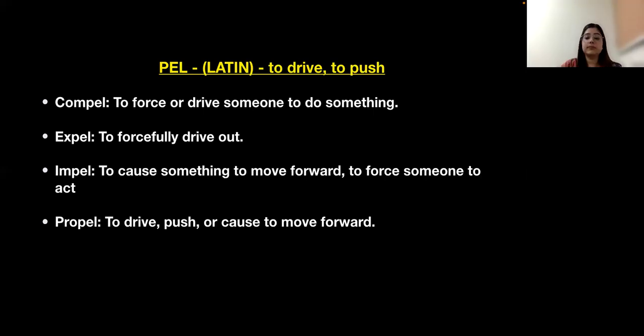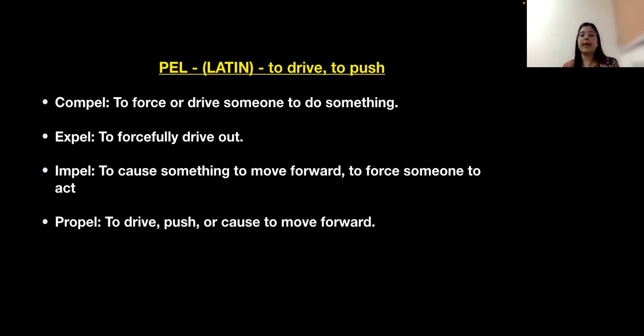Next, pell. Pell is to drive or to push or to force. So when you compel someone to do something, you force someone to do something. When you expel, you forcefully drive out. Impel, again, to cause something to happen.